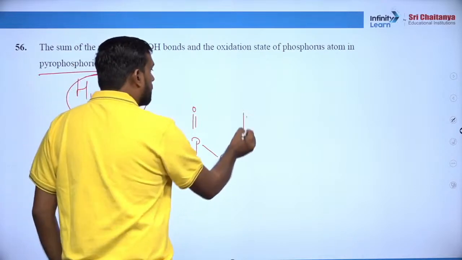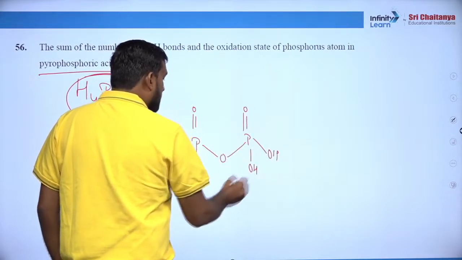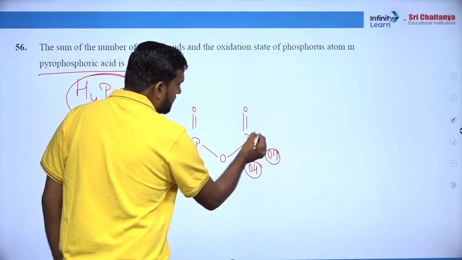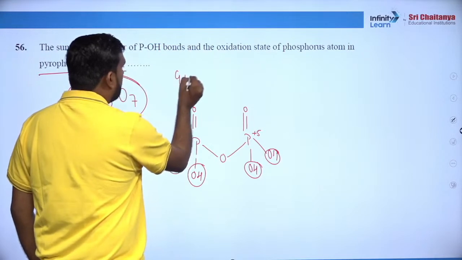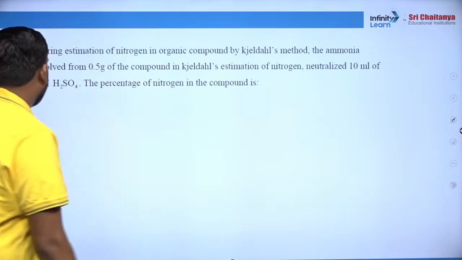Here also double bond O, OH and OH. So there are 4 POH bonds, and the oxidation state is 5. So it will be 4 plus 5 equals 9. So the answer will be 9. Going to the next question.